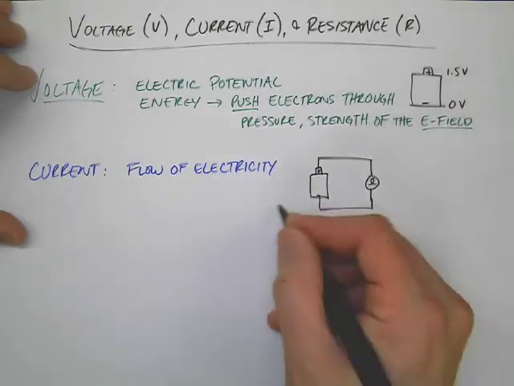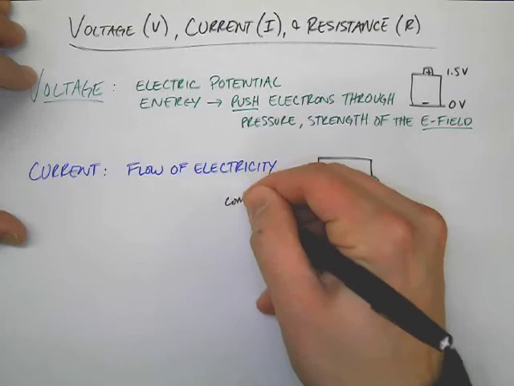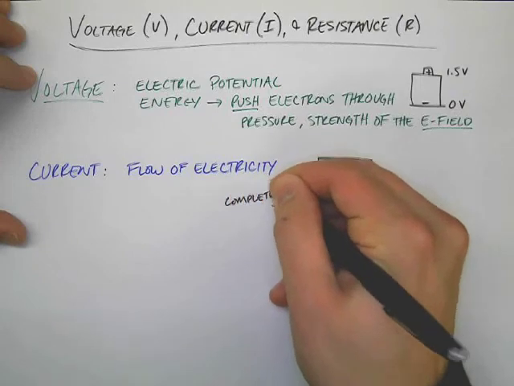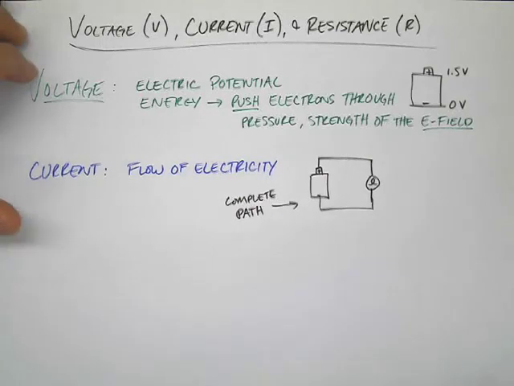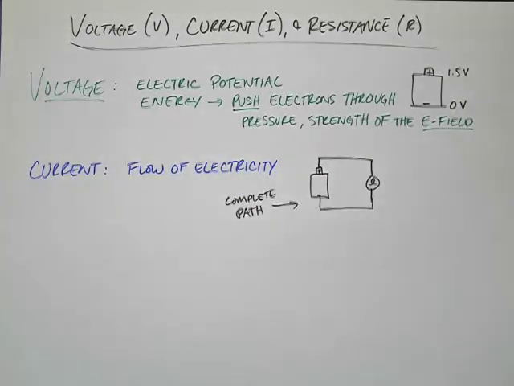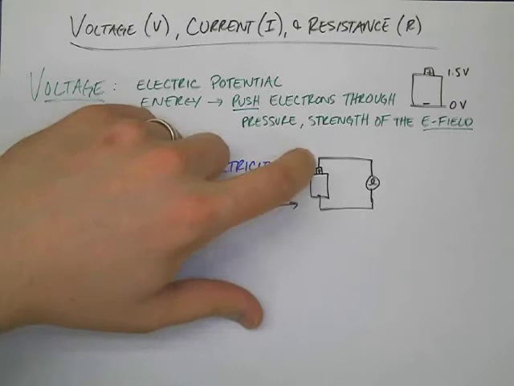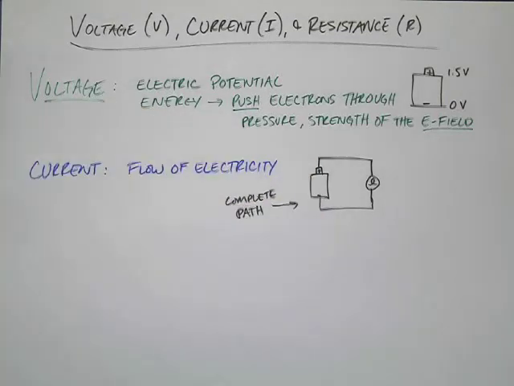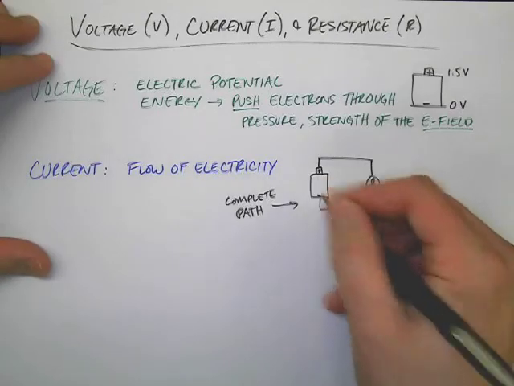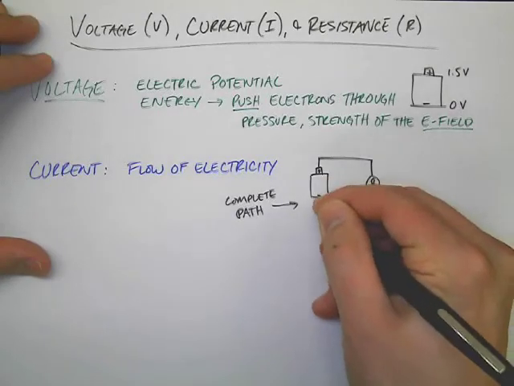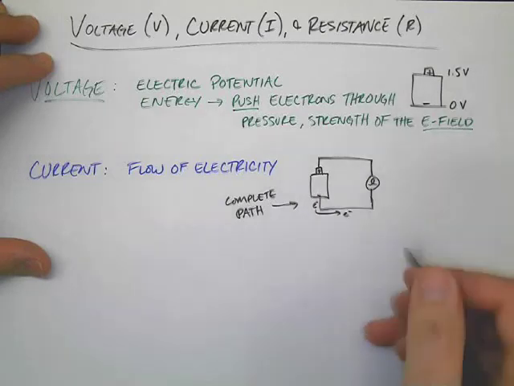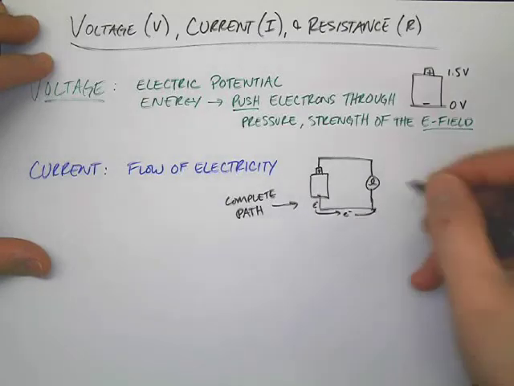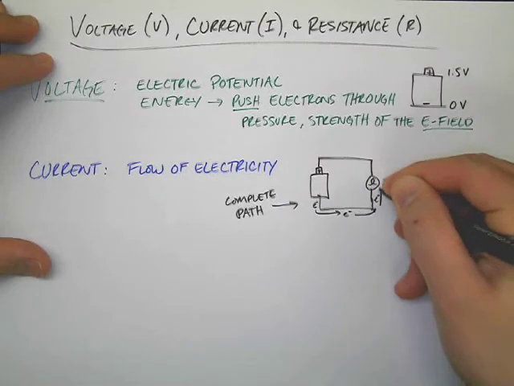Now remember, we need to have the complete path for current to flow. If I break the path, there's no connection from one side of the battery to the other, and I don't get any flow. But if I do connect that, what happens is the buildup of electrons actually can push, and it pushes on other electrons in the wire and makes its way.